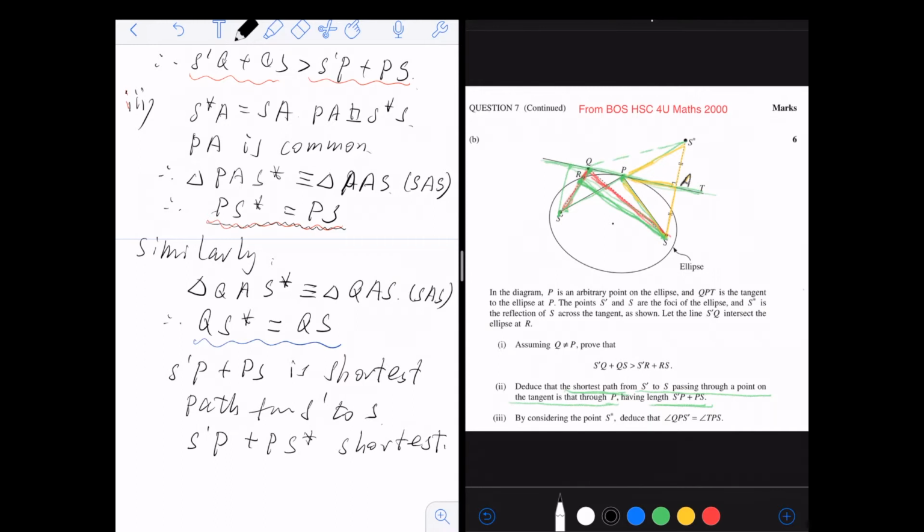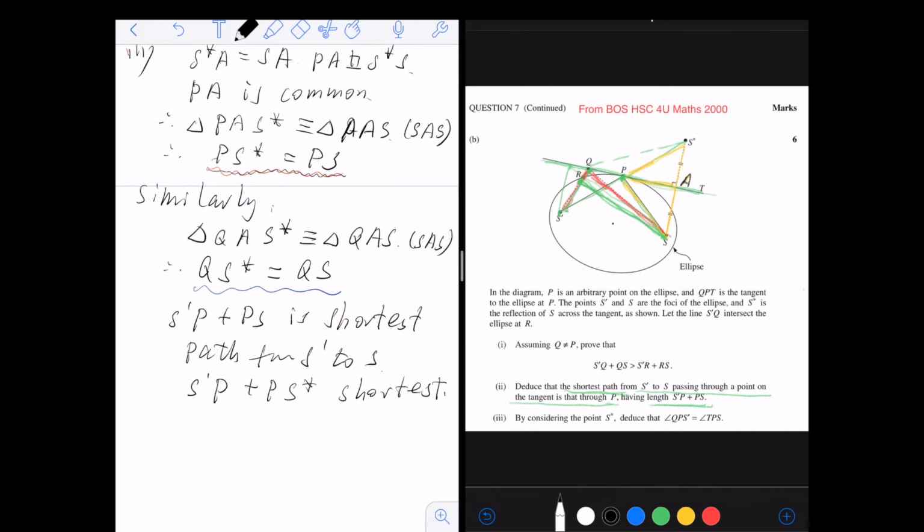And then what does that mean? It means we have S dash Q plus QS is bigger than S dash P plus PS. We had it before, from question 2. So what does that mean?